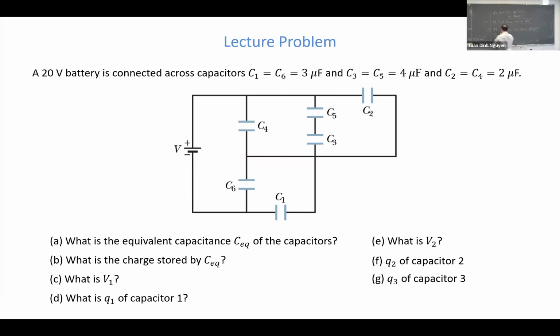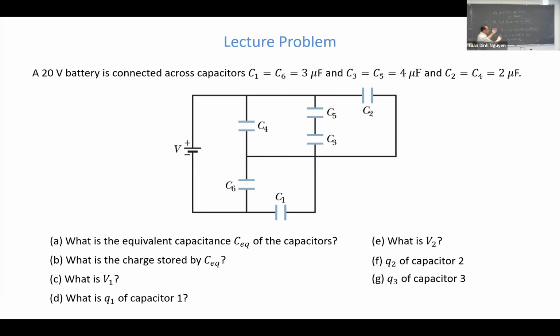So let's say because C3 is in series with C5, Q3 will equal Q5 will equal Q35.